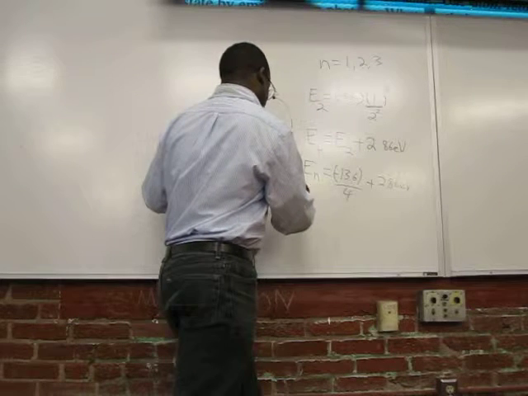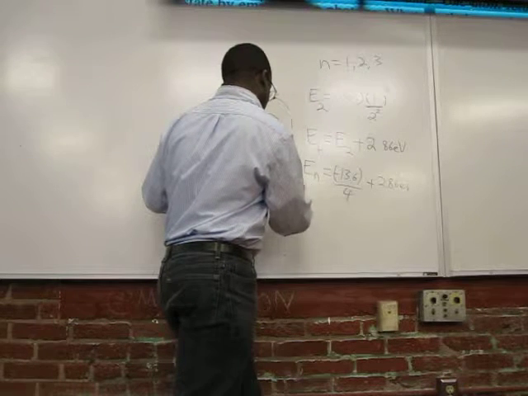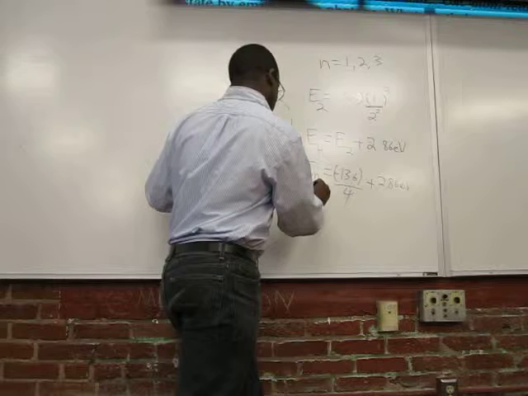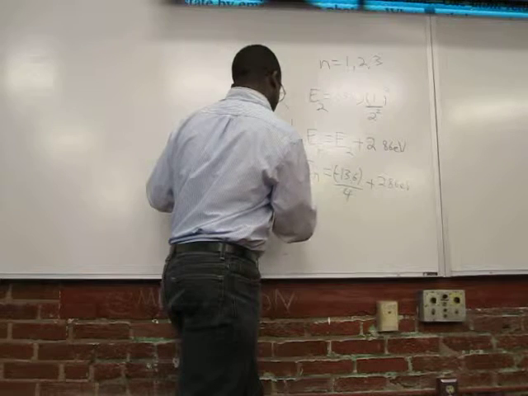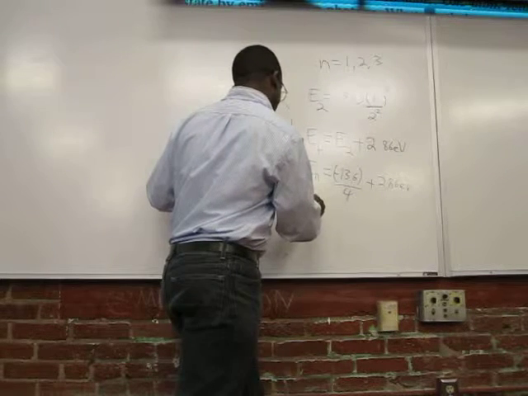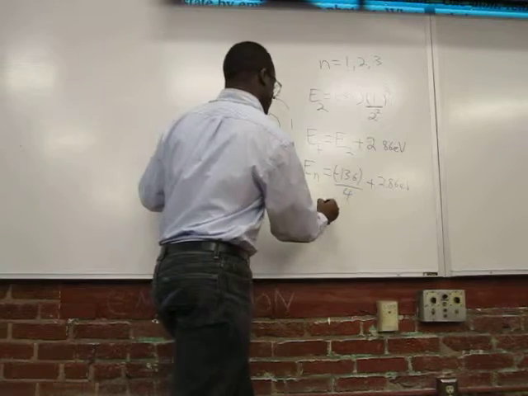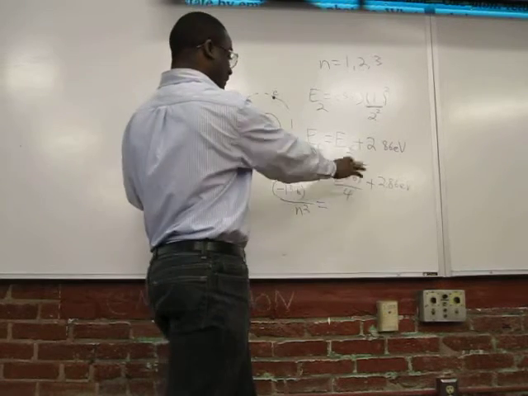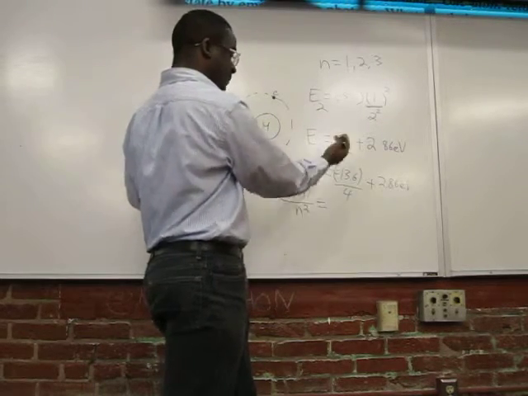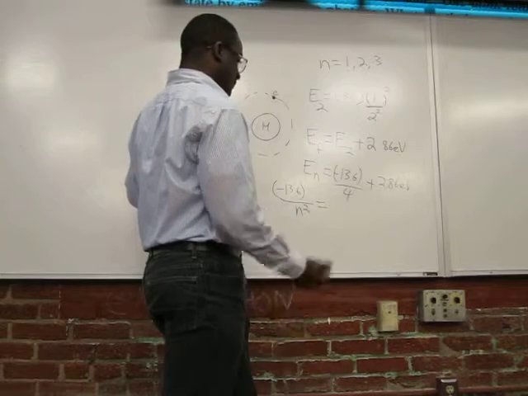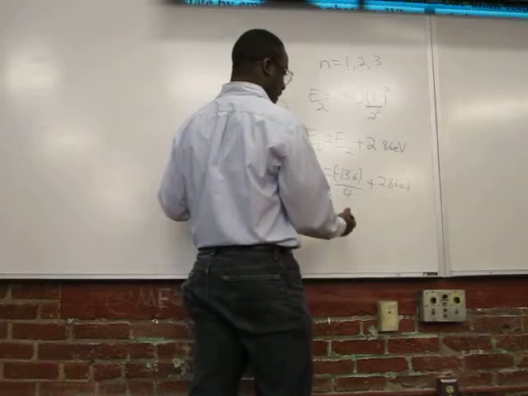En is 13.6 times, this is the hydrogen atom, so this is just 1 over n squared. And if we calculate this and solve for n, we'll have the state.